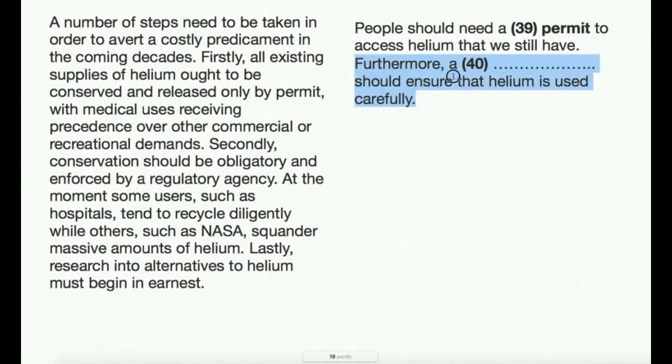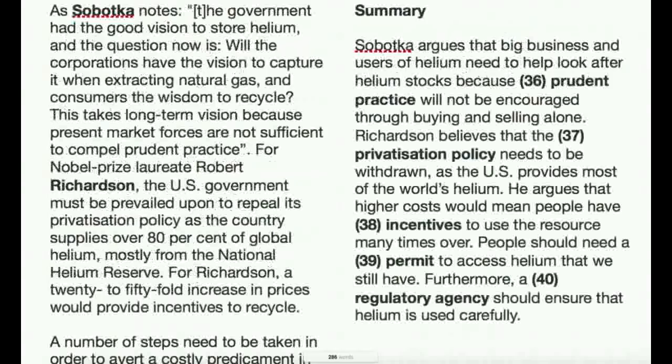So the answer is regulatory agency. So there we have all the answers to these IELTS reading summary completion questions. Now we'll go on to look at the specific tips we've picked up to answer these kind of questions.